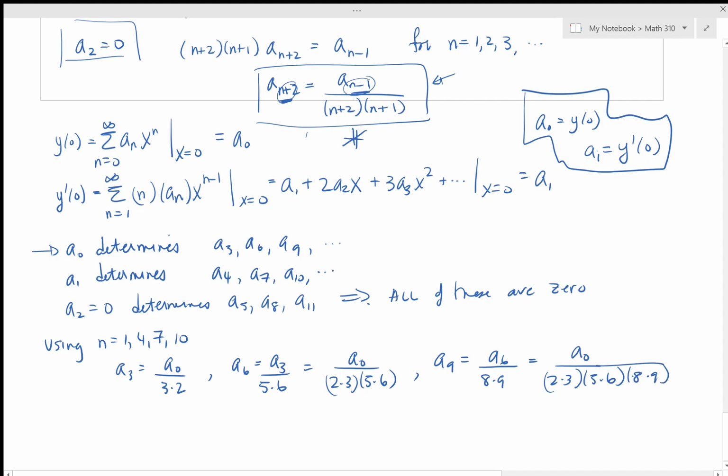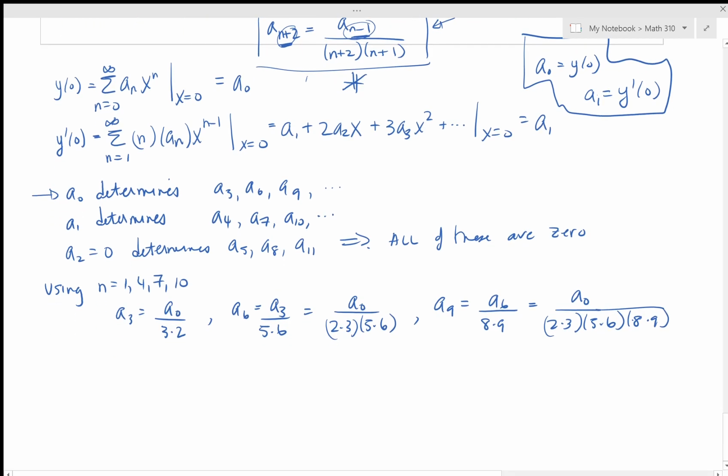And I keep going, and again I see a pattern. Based on the pattern I'm seeing, I write out A3n is A0 over 2 times 3, 5 times 6, etc., and I go up to 3n minus 1 times 3n. In this case, I've sort of changed the meaning of n.